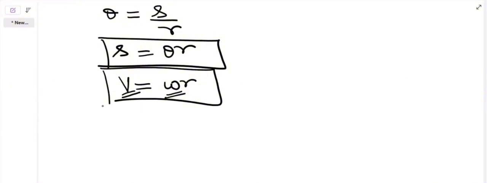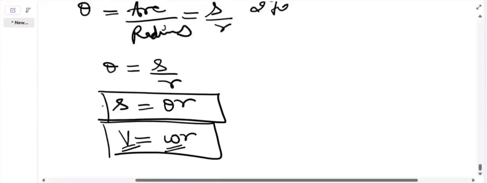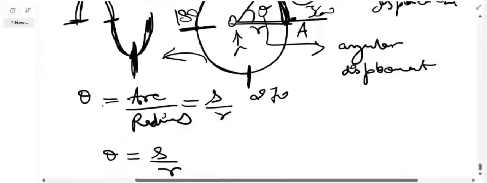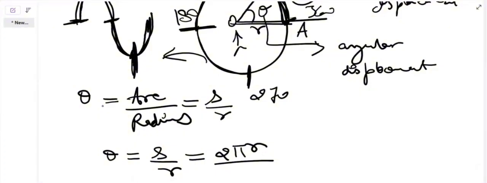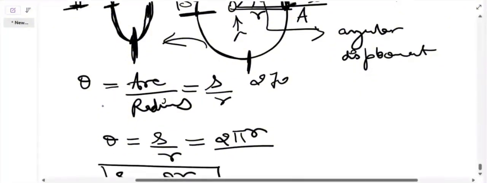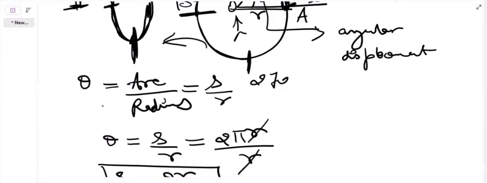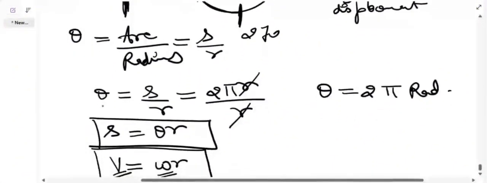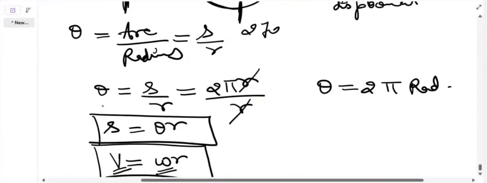If I am covering the thorough circle distance, it will be 2 pi R. And here the radius I had traveled is R. So R and R will cancel out and theta will be equal to 2 pi radian. You have to calculate it in radians.